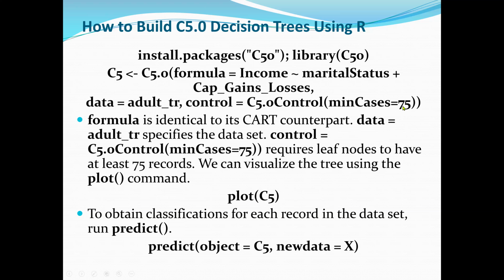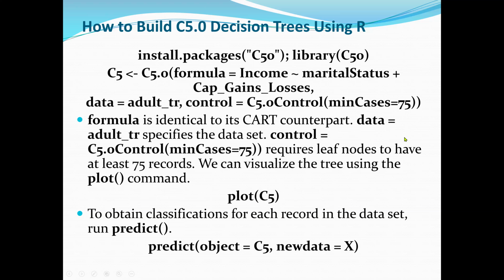Again, this input requires the leaf nodes in the decision tree to have at least 75 records. So that's why it's minimum cases. The leaf nodes should have at least 75 records in the decision tree.